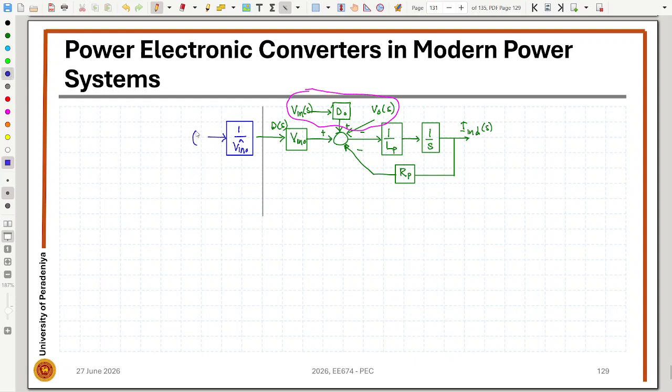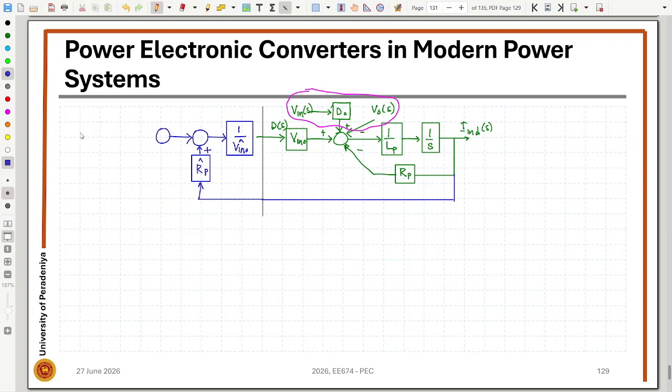So what we can do in the controller is use the Rp hat, the estimated Rp value, and using that we can use the measured inductor current value. This is going to be positive here because we have a negative feedback, so we can have a positive feedback. That will decouple the Rp, and then we can develop the controller.